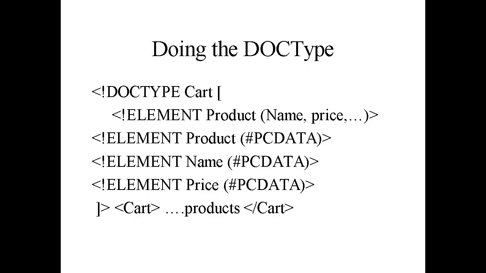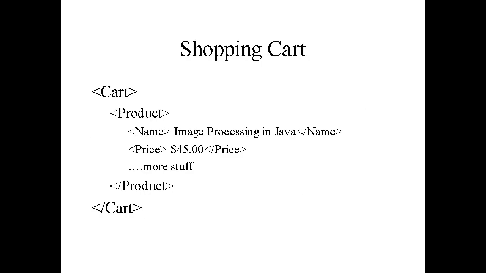That could be a shopping cart, and it has some product with a name and a price and some other stuff in it. And then you can define what a product is, and that's just some text, and we call that text PCDATA. The name and price are also PCDATA text elements.